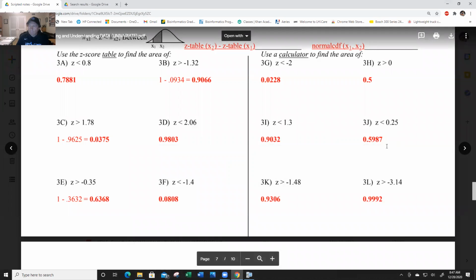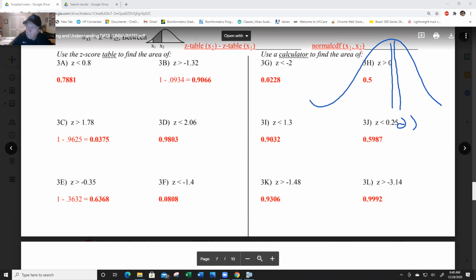Okay. The next one, the area below 0.25. That's a fractional z-score, not a percentage. I know the area below 0 is 0.5. That's the middle. So 0.25 is really pretty close to 0. There's 0.25 right there. So I need between negative infinity and 0.25, no problem at all.